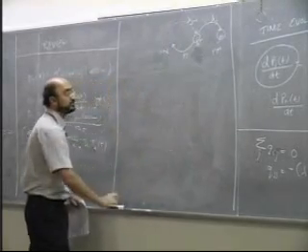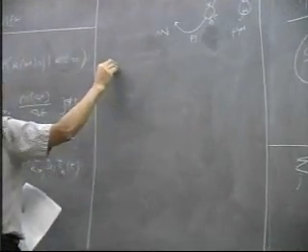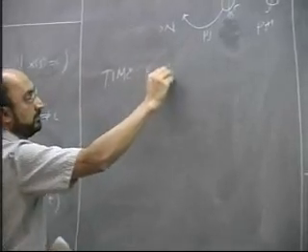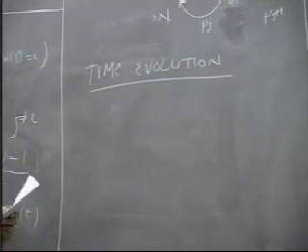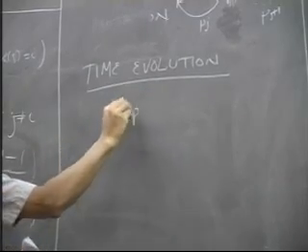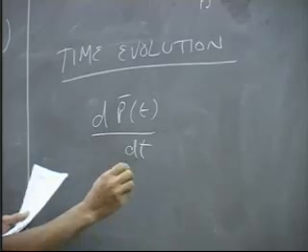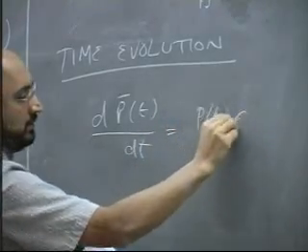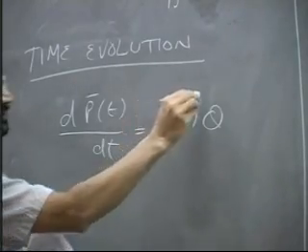So for the time evolution, all we have to say essentially is that dP(t)/dt equals P(t)Q. So what is P(t)Q?